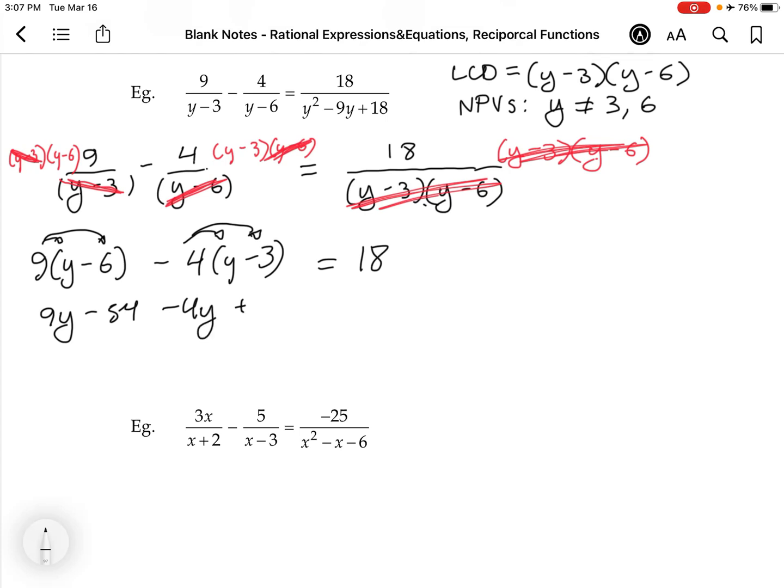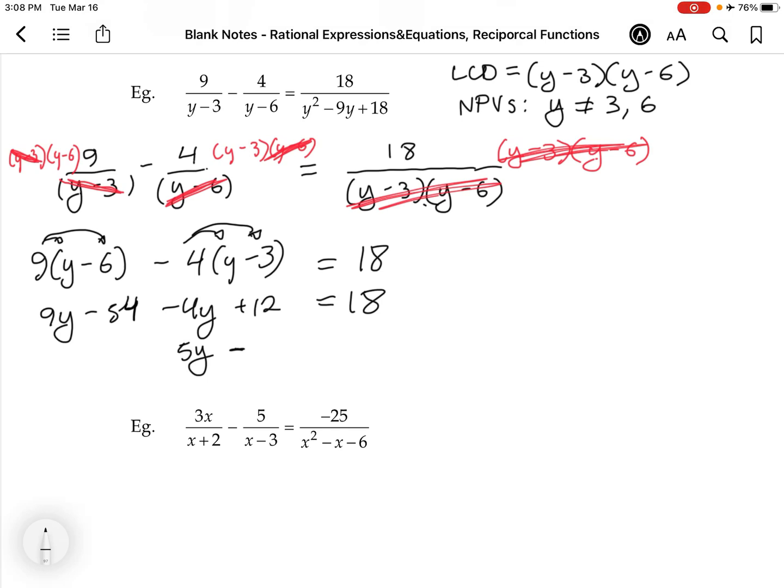Be careful about that, right? Because negative 4 times negative 3 is positive 12 equals 18. So that gives me, let's see, 5y, and then negative 54 plus 12 is negative 46. Is that right?